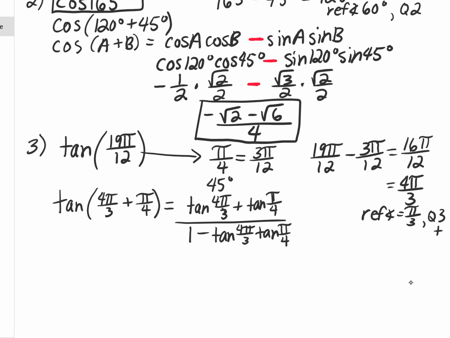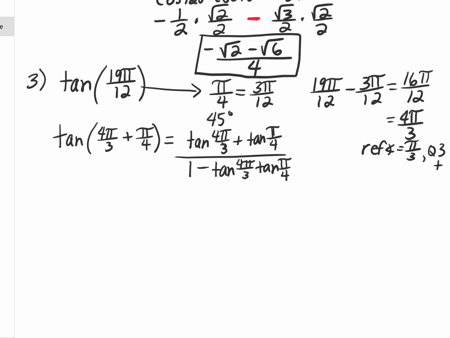Now in this one, I just went right into filling it in. I didn't write out the identity to start with. And then I will simplify this. So you'll end up getting a positive root 3 plus 1 over 1 minus root 3 times 1.